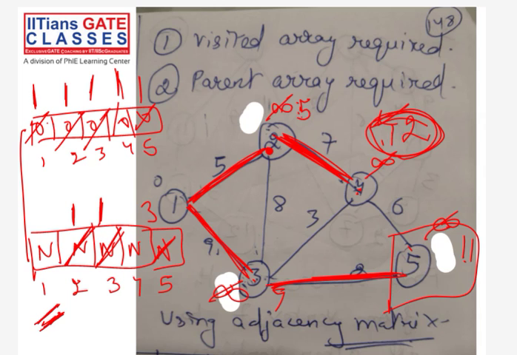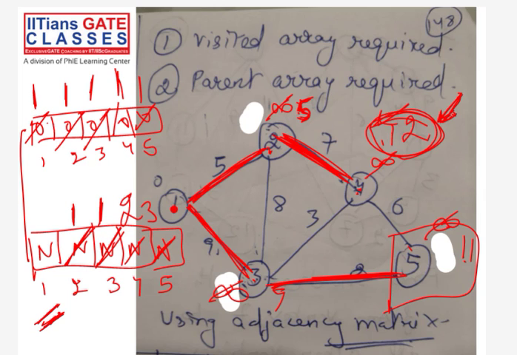The parent of this node will be 2. And one more thing, a small change in the algorithm. Whenever you modify the distance, only then do you modify the parent. Whenever I modified it from infinity to 5, only then you modify the parent to 1.